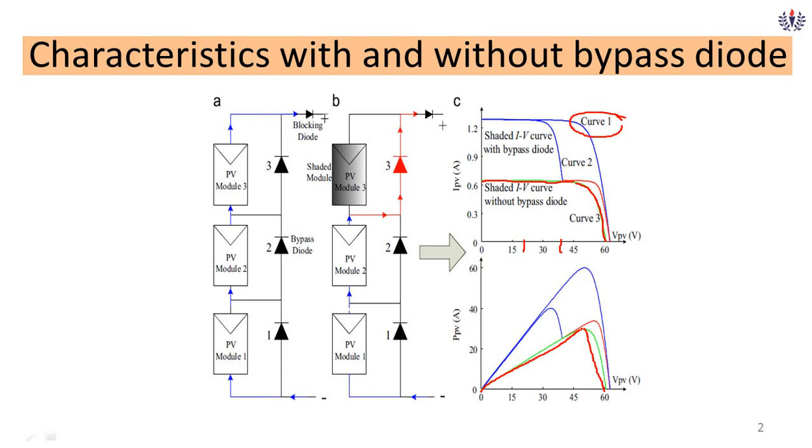If the load demands 10 ampere, in that case PV module 3 will produce a reverse voltage depending on the load. So your bypass diode, that is the case given here, the rectangular line, will get activated when the load demands 10 ampere.